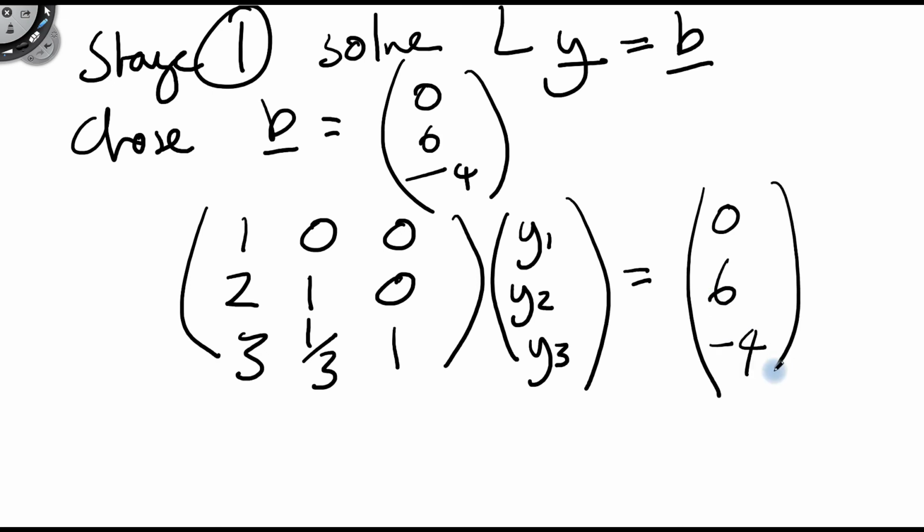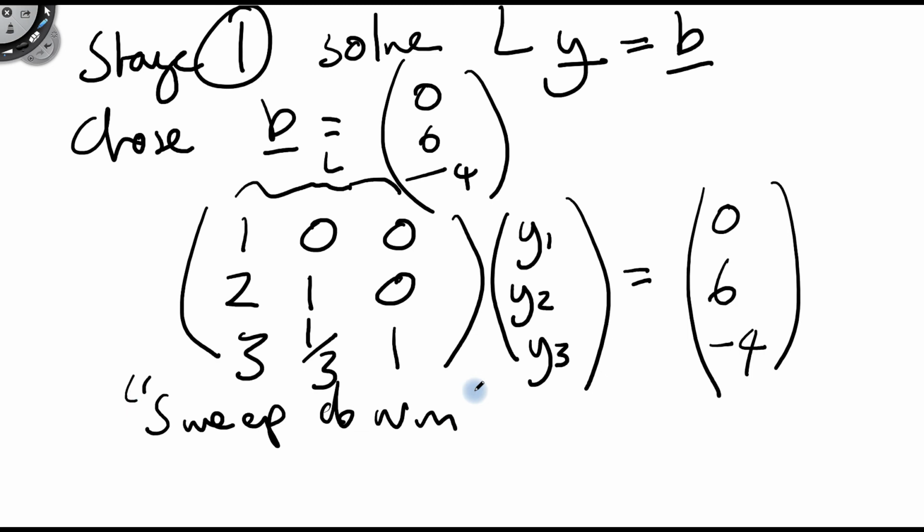This is Ly, so here we're solving, this is L, lower triangular, y equals B, and we solve this for y. And of course, we can do this easily by starting in the top corner. We can actually read it off. We can see that y1 is 0. So we just sweep down, if you like, through the matrix, or we do forward substitution.